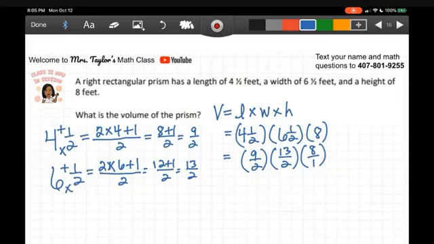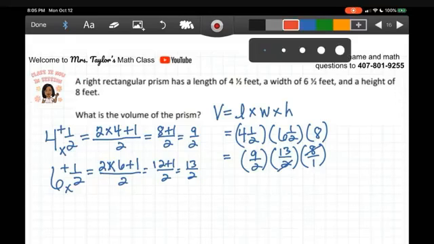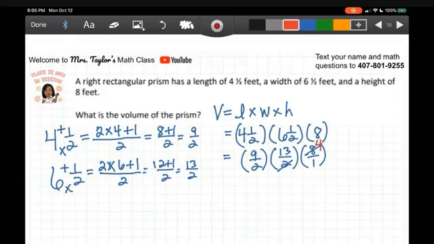I think this looks intimidating when you have to multiply 9 times 13 times 8. If you understand how to simplify your factors, I would suggest you do that first. So I would take this 2 and divide it into this 8, and I know that's going to get me 4. So let me use another color. I'll make this 4 and make this a 1. Just for teaching purposes, I rewrite this.